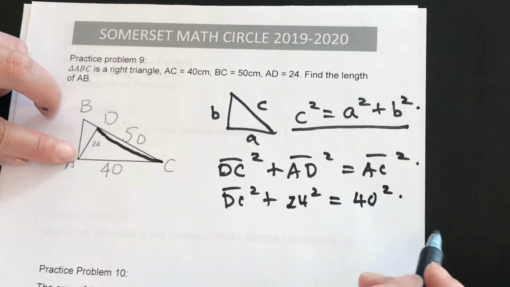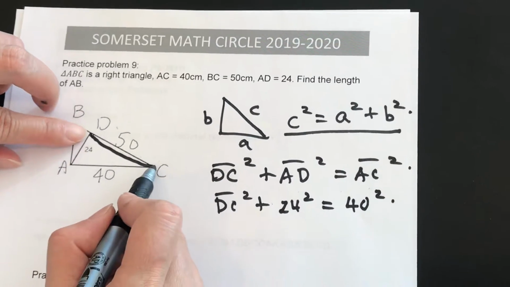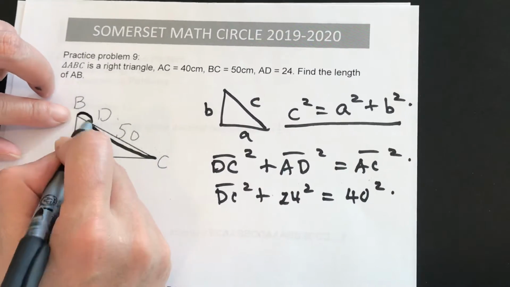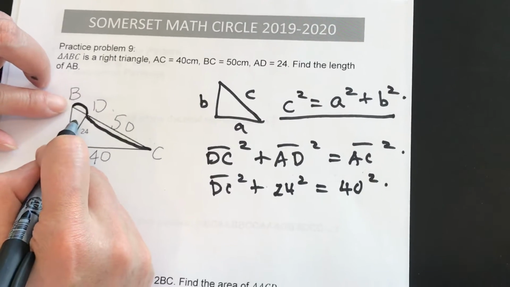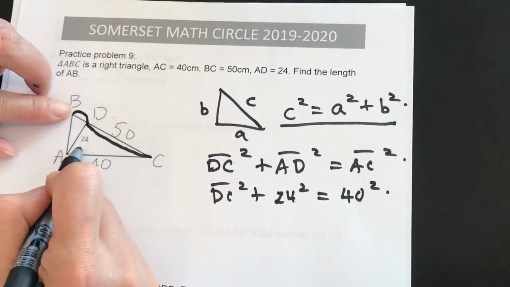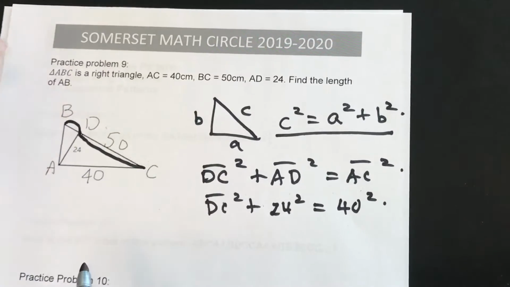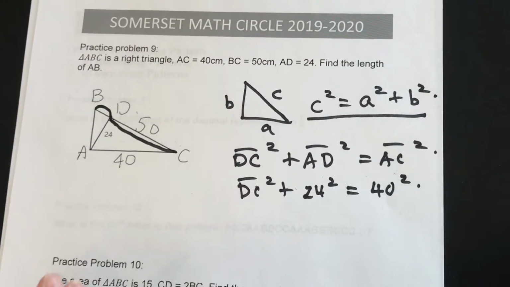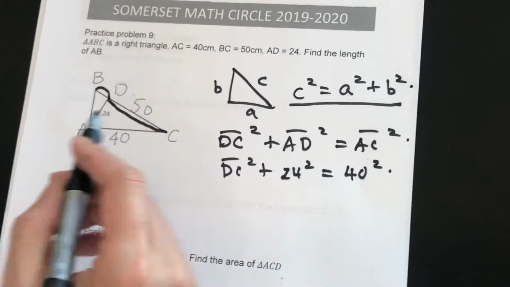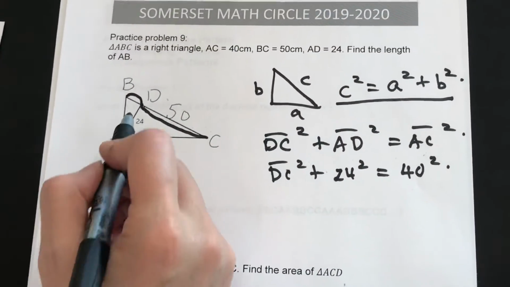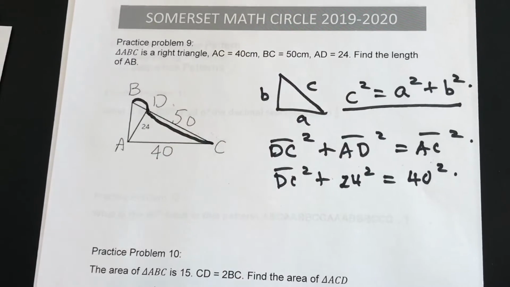Students can carry this out. Once you know DC, the total is 50, then you can find BD. Once you find BD, here is a right angle triangle too. You know BD, you know AD, then you can find AB. So you can find all lengths for this triangle, and you'll find the length of AB.